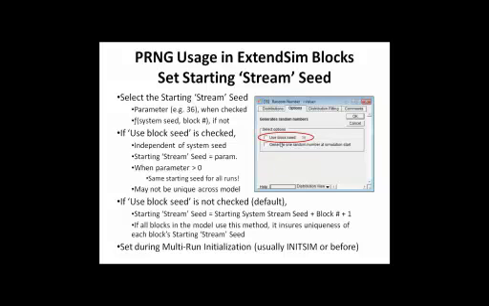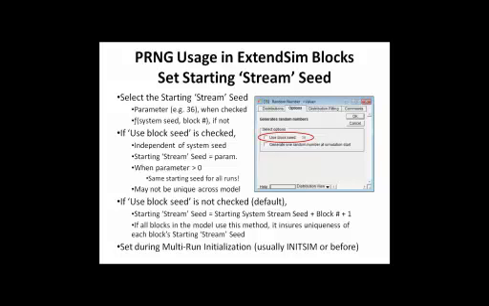We'll end up seeing a signature in all of these blocks that looks something like this. There'll be a dialog setting here which allows you to check something called use block seed. And if you do, you can then set the value that you want that block to use.